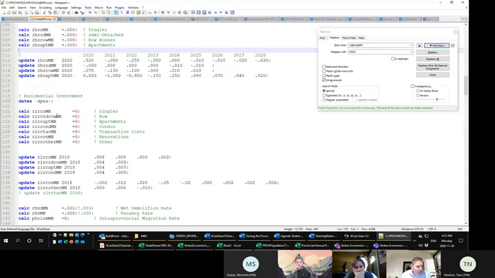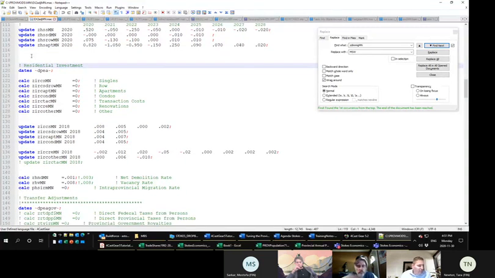Next, we have the residential investment component. We mostly just let the residential investment equations run by themselves. You can see these are historical numbers, adjustments. So the 20 and on has nothing on it. But not in the renovation case.